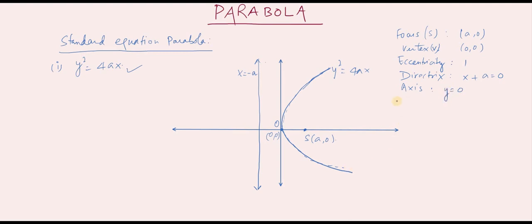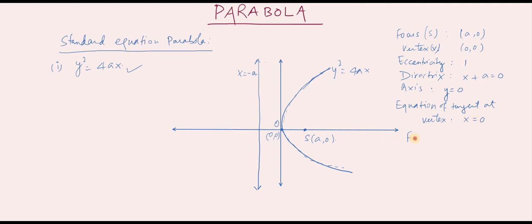Equation of tangent at vertex. Vertex means (0, 0) is its vertex, so the tangent at that point is the y-axis, and the equation of the y-axis is x is equal to 0.